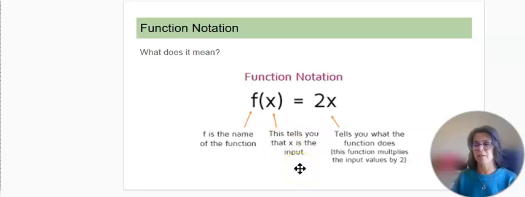Remember, a function is input and output. You plug something in, you get something out. On the right side of the equation, we have the function rule. It tells you what the function does. In this case, this function multiplies the input, which is x, by 2.